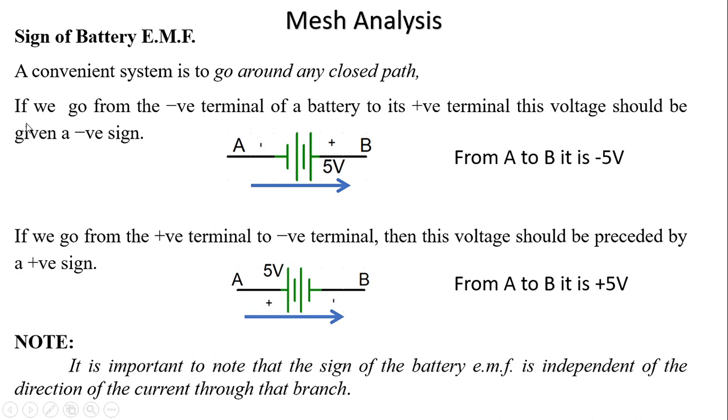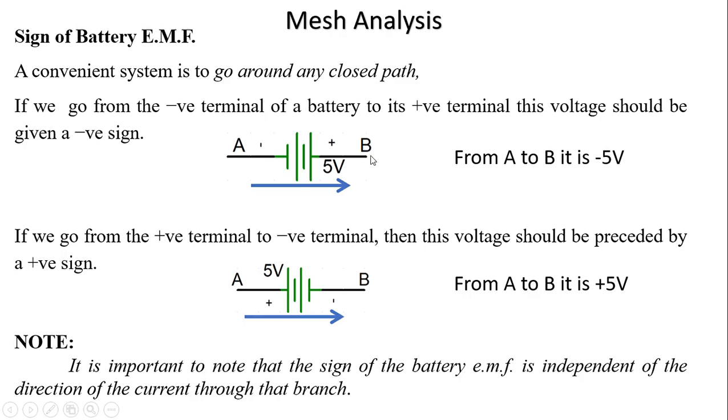If we go from the negative terminal of the battery to the positive terminal of the battery, for example, you're going from A to B and the first terminal is negative and the next one is positive, when you're going from negative to positive, this we have to consider as negative. So I have considered minus 5 volts.